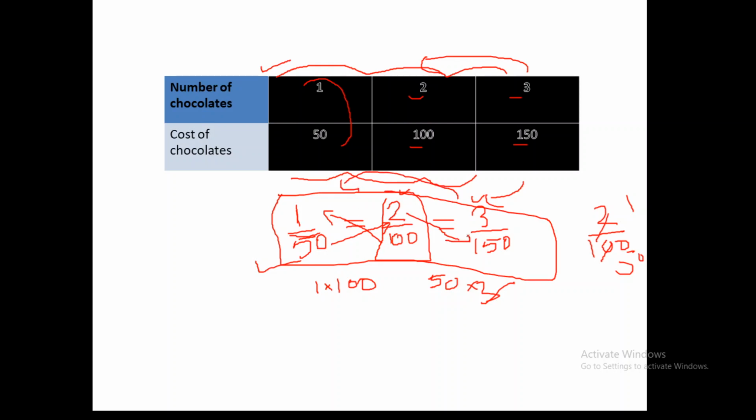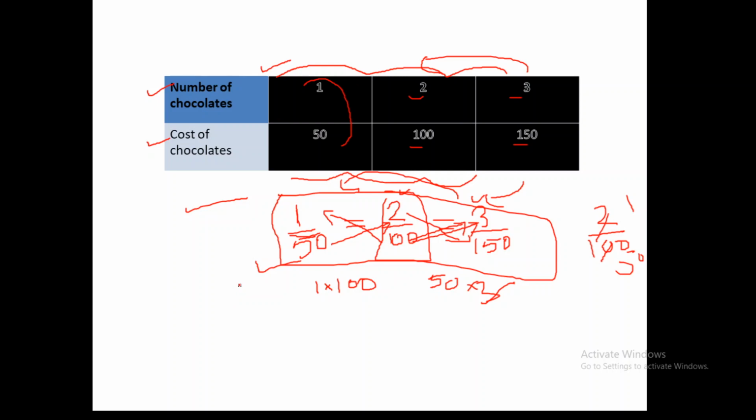If you cross multiply, the answer will be the same. 2 into 150, 300, 100 into 3, 300, right? So if one quantity increases, then the other also increases in the same way. The two quantities are in direct proportion.